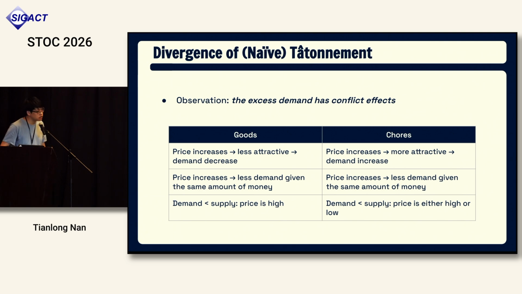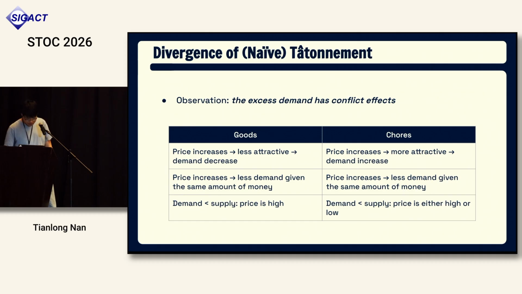While in the chores case, it's not the case. For chores, if the price increases, the chore actually becomes more attractive, and the demand should increase. On the other hand, if the price increases, the per unit price also increases, so given the same amount of money, the demand will decrease.